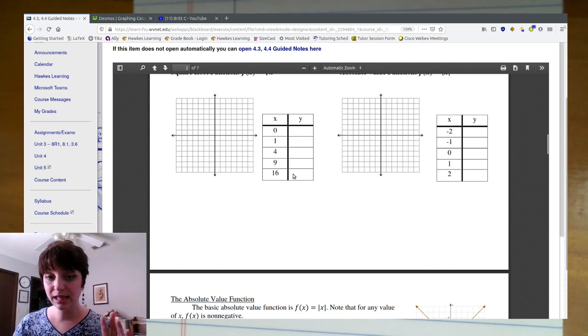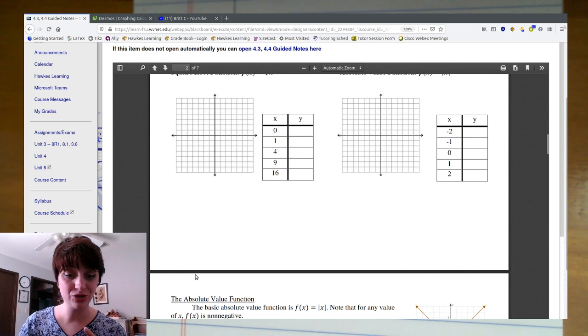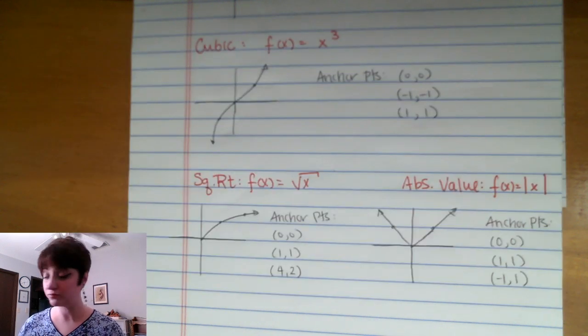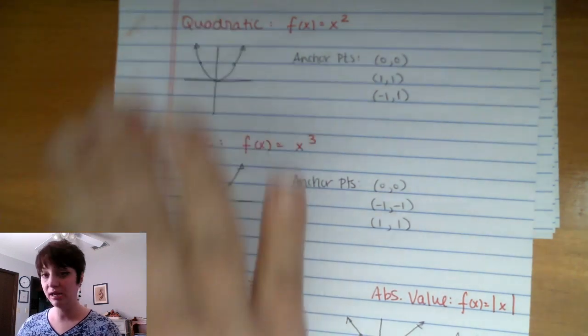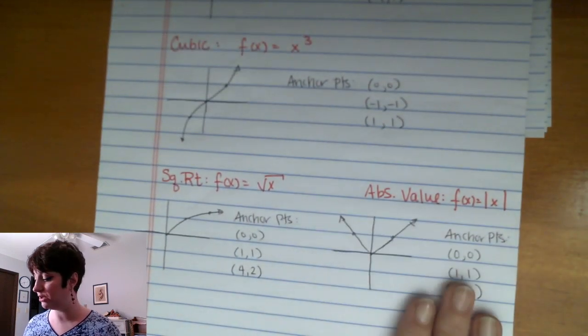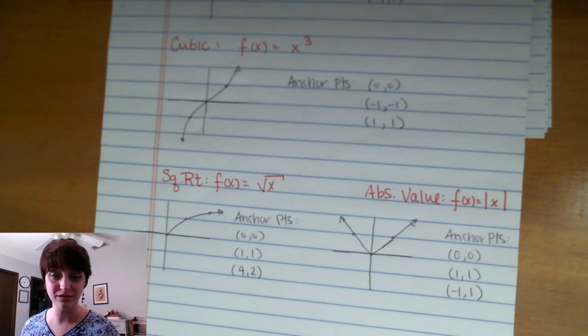So this feels like maybe a lot, but it's not actually that much. Let me point out to you, the quadratic and the absolute value are the exact same anchor points.